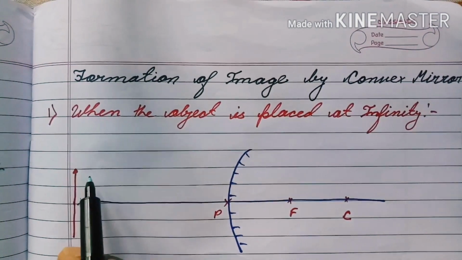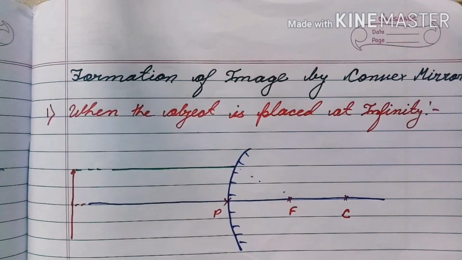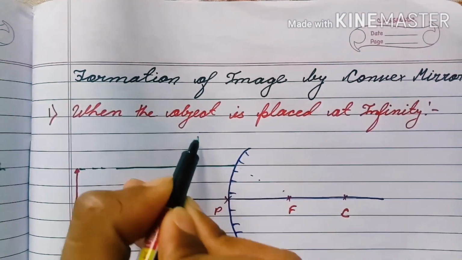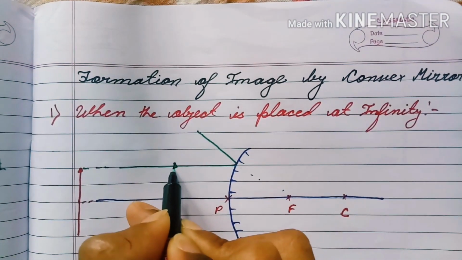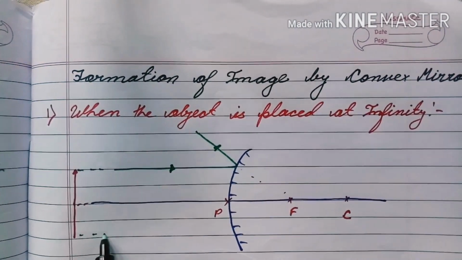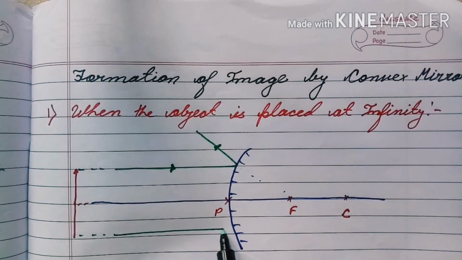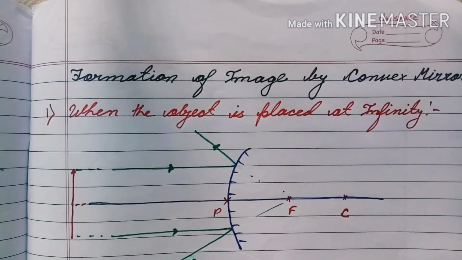Then a light ray which is parallel to the principal axis, after reflection goes like this, and another incident light ray parallel to the principal axis, after reflection goes like this.